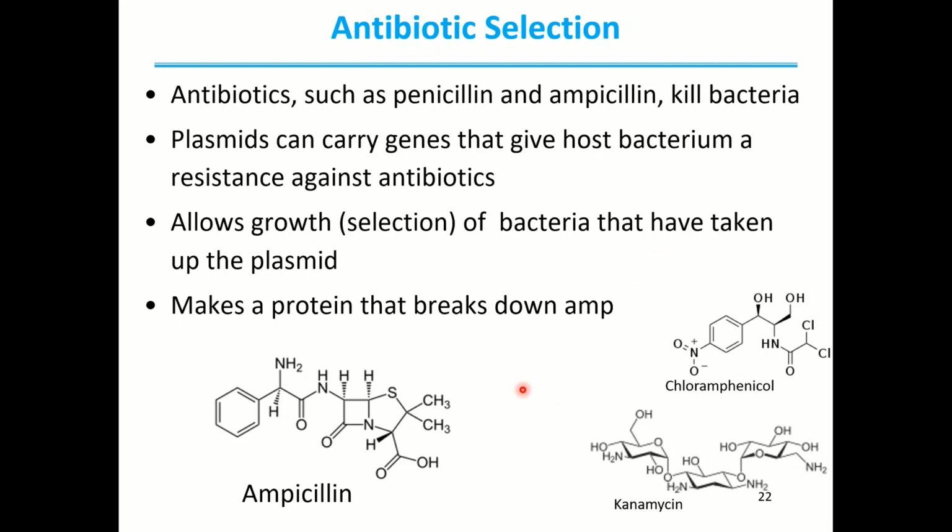And so the antibiotic resistance gene makes some sort of a protein that either breaks down the antibiotic, or it pumps the antibiotic out of the cell. So in the case of ampicillin, that ampicillin resistance gene makes a protein that breaks down ampicillin.